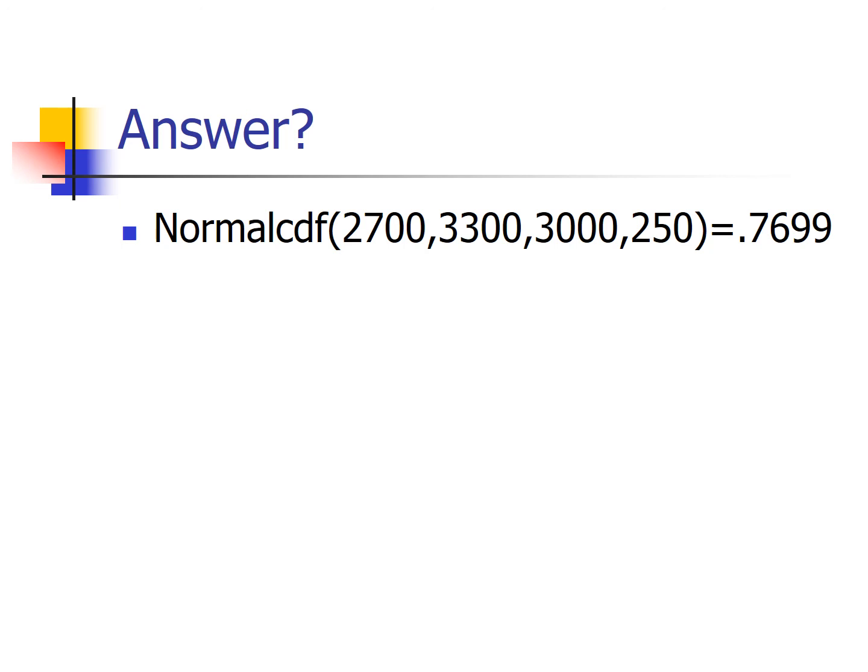And so if we put all those numbers into our normal CDF, we should get 0.7699, very, very close to 77%. What is this telling us? It's telling us that 77% of the population of walruses, 77% of all walruses, weigh between 2,700 and 3,300 pounds.